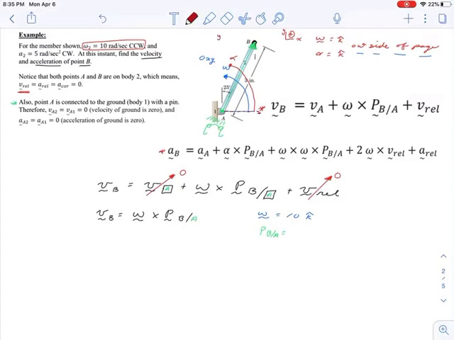We'll drop a perpendicular line that creates a 90-degree angle. And we can see that this angle right here would be 90 minus 25. So we could say that position B at this moment, this arm is 3 inches.